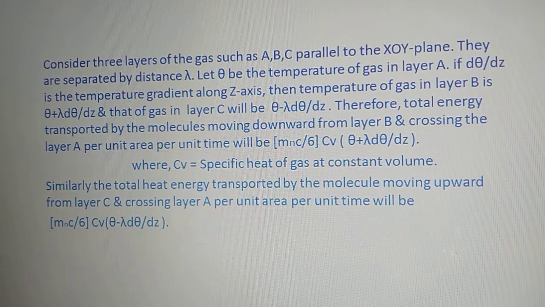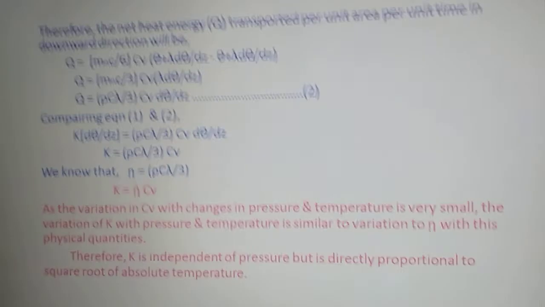Cv is the specific heat of a gas at constant volume, and the rest of the quantities are known to you. This derivation is quite similar to the earlier one for the coefficient of viscosity, so you can easily understand this. Similarly, the total heat energy transported by the molecules moving upward from layer C and crossing layer A per unit area per unit time will be equal to m n c by 6 into Cv into theta minus lambda d theta by dz.